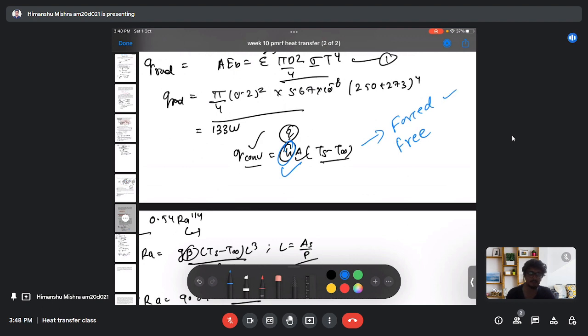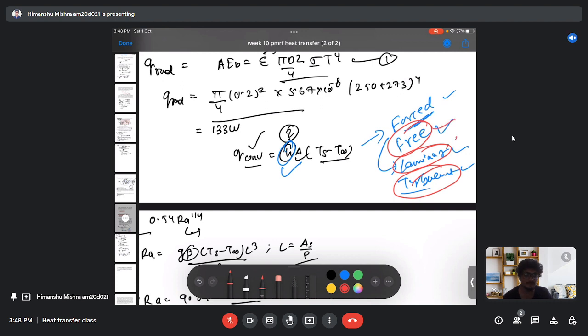Once you identify this, then for the forced case you need to identify whether it is a laminar or turbulent case. So according to the nature of the flow, you will be using the Nusselt number correlation. The Nusselt number correlation differs for each case, like the laminar case, the turbulent case, as well as the free case. So depending on the nature of the problem you identified here, you will be using the Nusselt number correlation to find the Nusselt number and then the heat transfer coefficient.